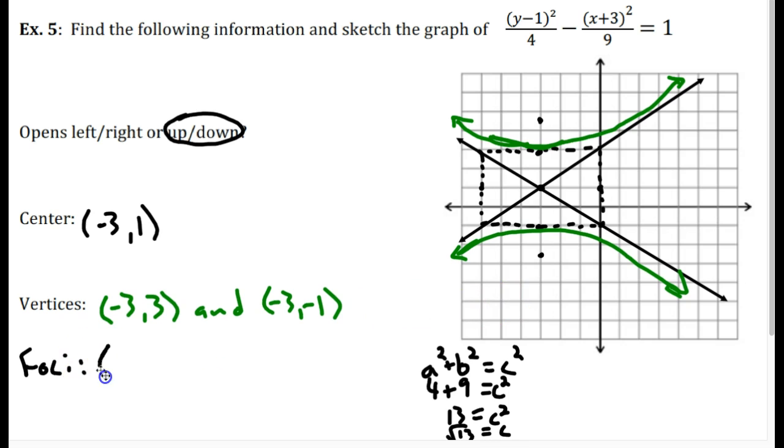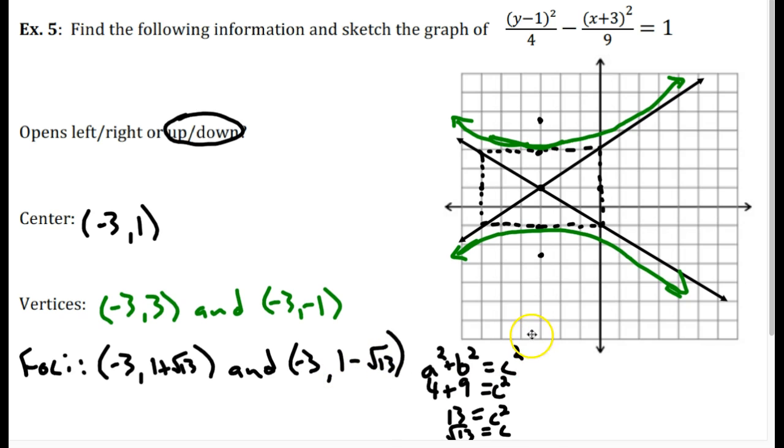And then to write those coordinates, x is still at -3, but then I would be taking this y coordinate plus the square root of 13, so 1 plus the square root of 13, and then -3, 1 minus the square root of 13.